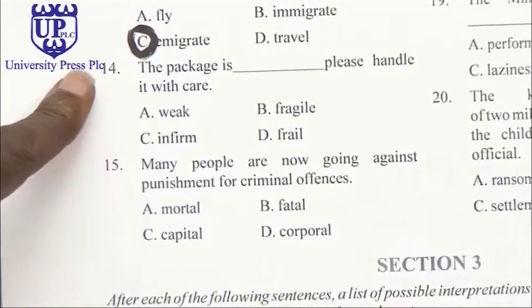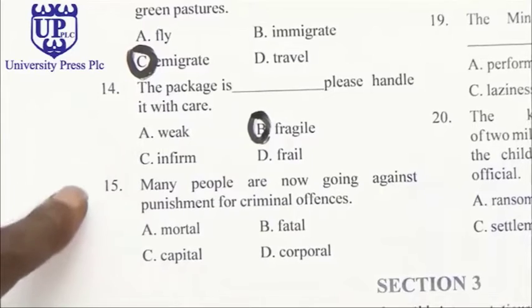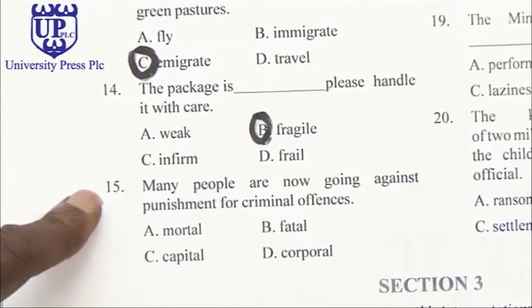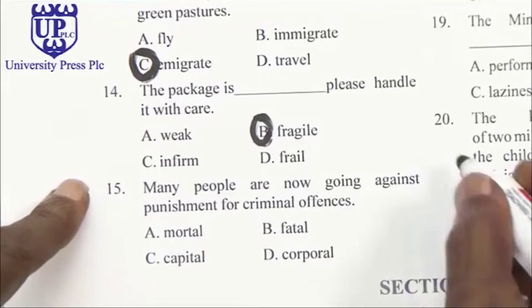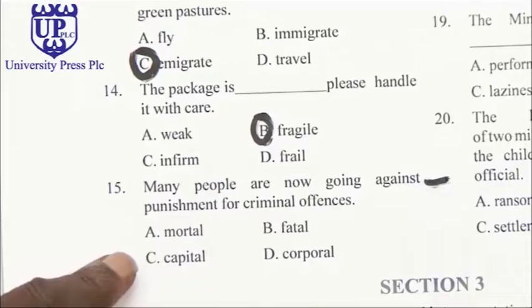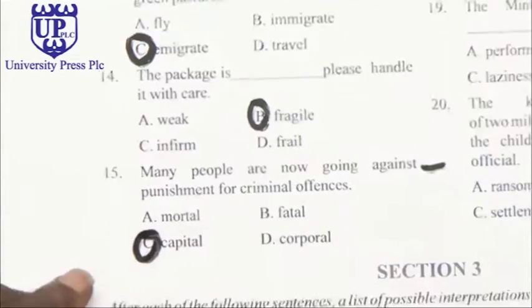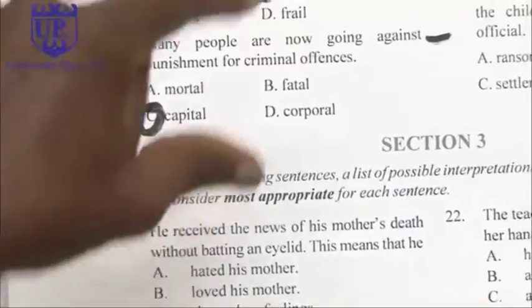Package is fragile. Not weak, but fragile. Number 15, many people are now going against capital punishment. Against what? Capital punishment. Capital punishment by death, right?